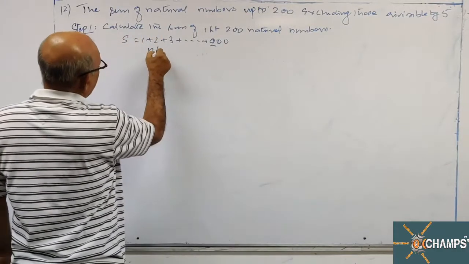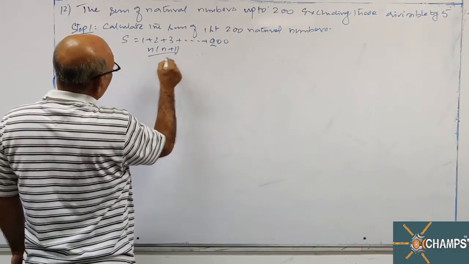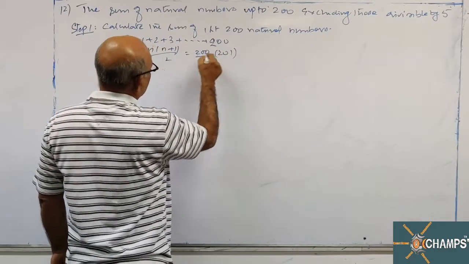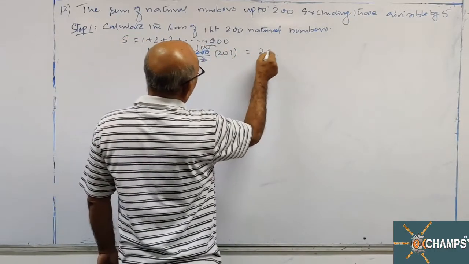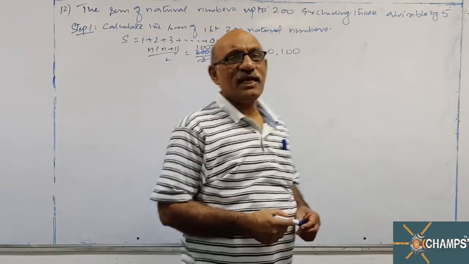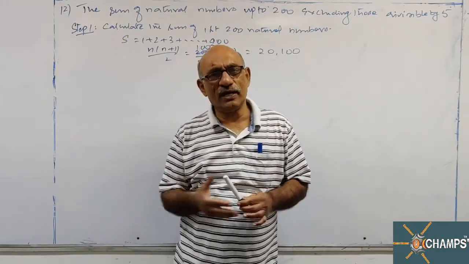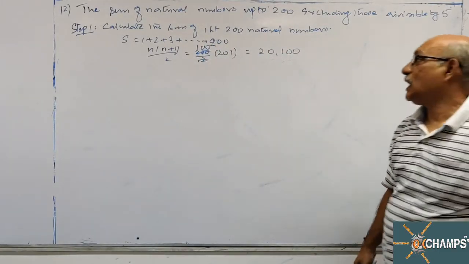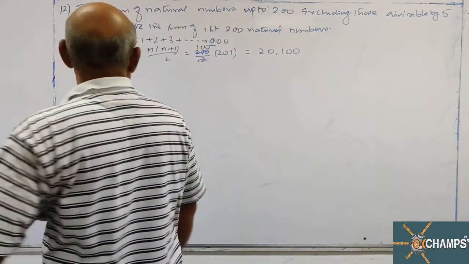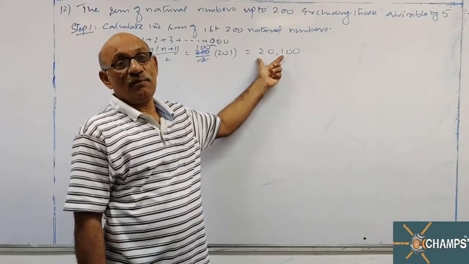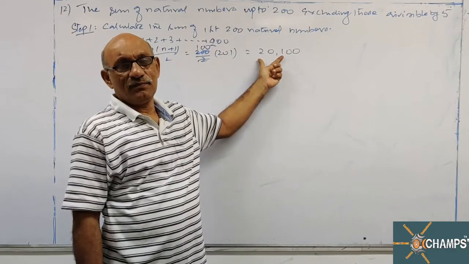So this is n into n plus 1 by 2, that is 200 by 2 into 201. This is equal to 20,100. When you add the natural numbers from 1 to 200, its value is 20,100. This 20,100 includes those numbers which are divisible by 5.